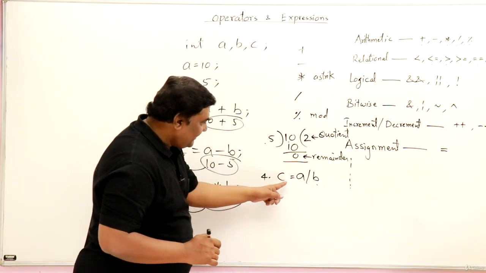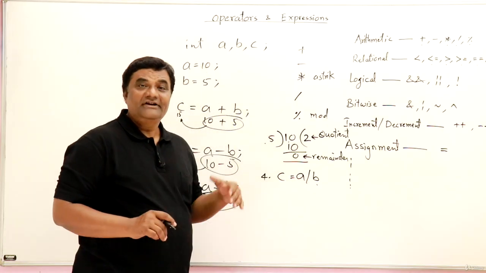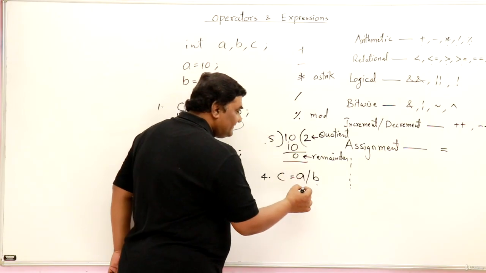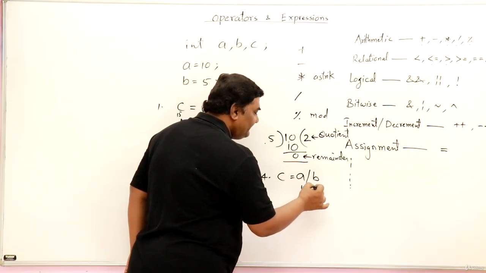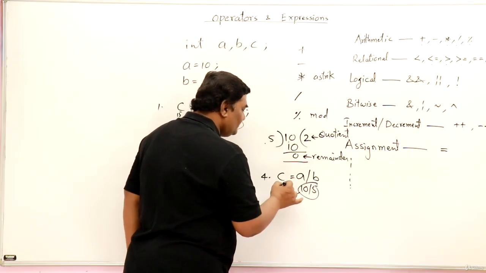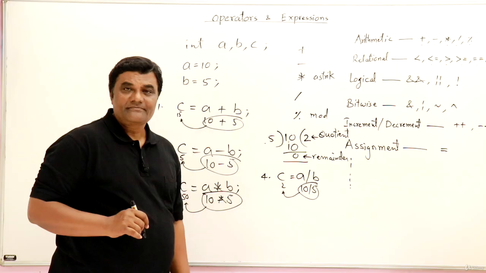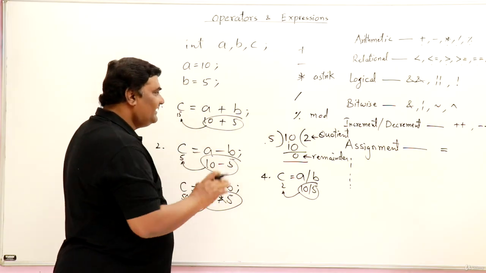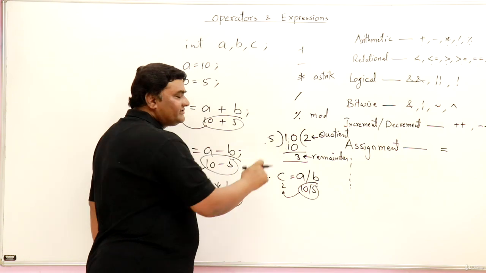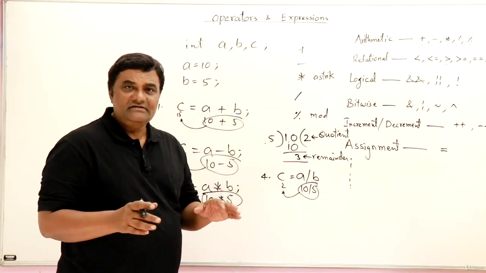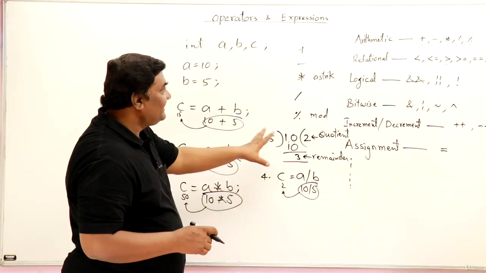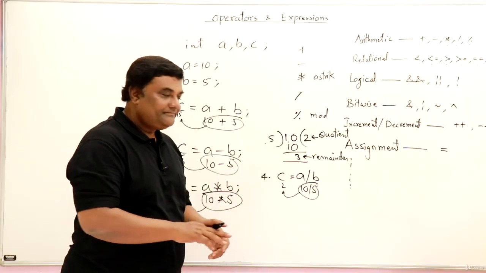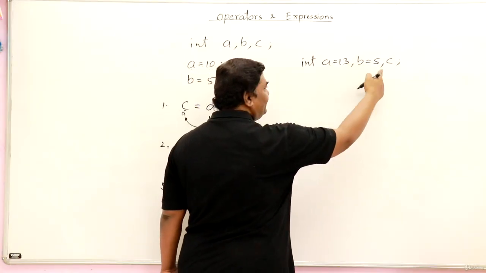When I use divide, what do I get? I get the result, that is the quotient. So 10 divided by 5, the quotient is 2. Now suppose instead of 10, this A is 13. Let me show it here. Here I have A as 13 and B as 5.